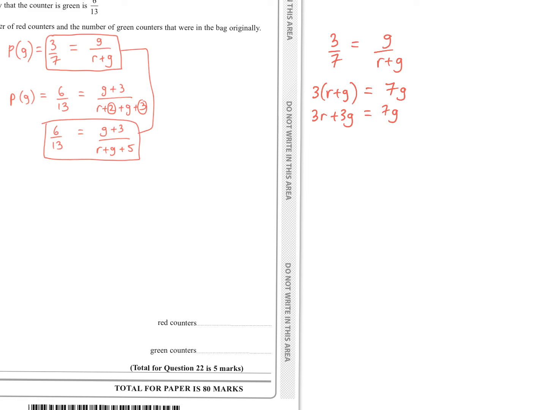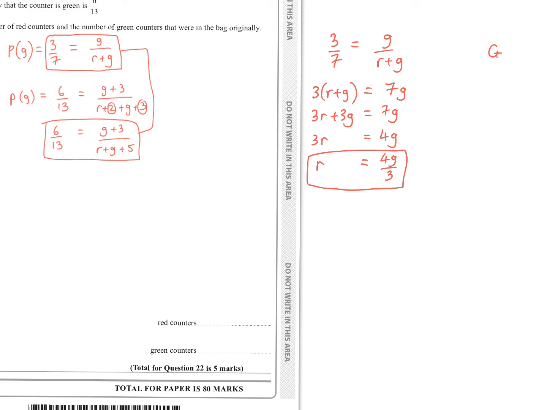If they do, just make it a capital G instead, because you don't want to be getting confused. I'm going to take 3G from both sides. So I'm going to say that 3R is equal to 4G, so I'm just going to divide both sides by 3. So R is equal to 4G over 3.